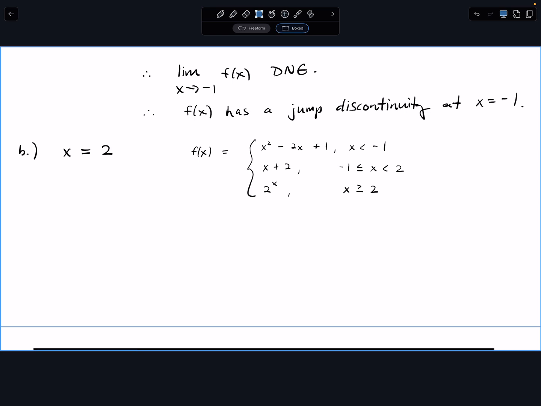Are you guys okay? All right. So we're going to do the same process, but for 2 now. So step 1, guys, you guys agree would be to show that f of 2 exists? Does f of 2 exist? It does. Which one will I plug it into? Bottom, good. So f of 2 is equal to 2 squared, which is 4.